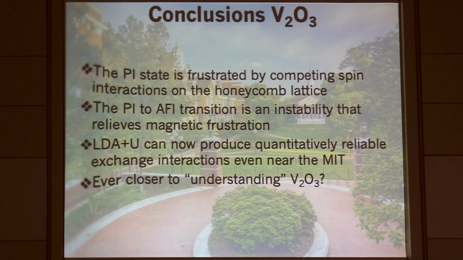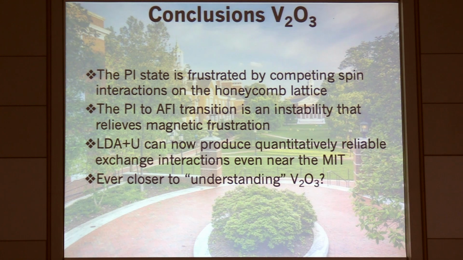So the conclusion regarding V2O3 is that the PI state, the paramagnetic insulating state, is actually frustrated by competing interactions on the honeycomb lattice. This PI to AFI transition is an instability that relieves the magnetic frustration of the paramagnetic insulating phase.